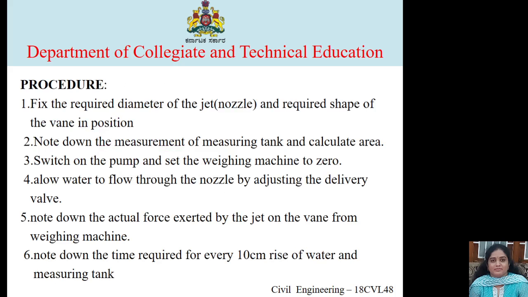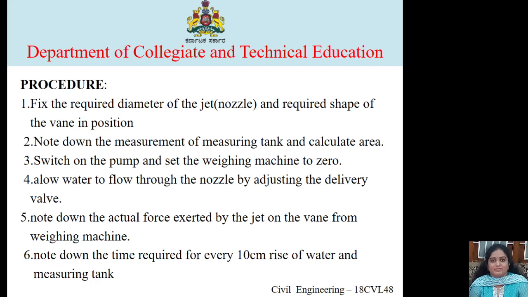So this is the procedure. Fix the required diameter of the jet and required shape of the vane or plate in position. Note down the measurements of the measuring tank and calculate the area. Switch on the pump and set the weighing machine to 0. Allow the water to flow through the nozzle by adjusting the delivery valve. Note down the actual force exerted by the jet on the vane from the weighing machine.